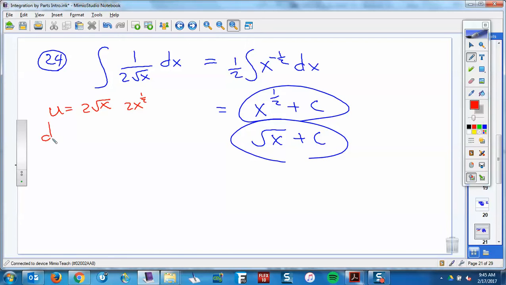So the du would be x to the negative 1/2 dx, is that right? Which would be 1 over square root of x dx, right? And isn't that setting right there?